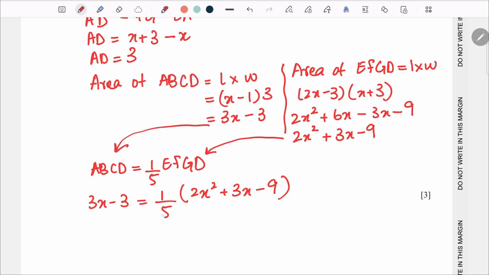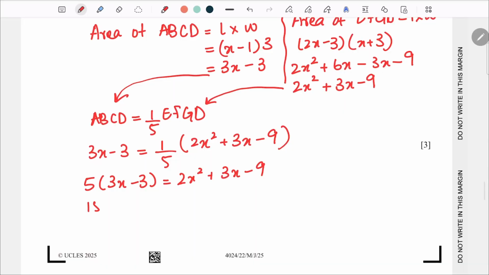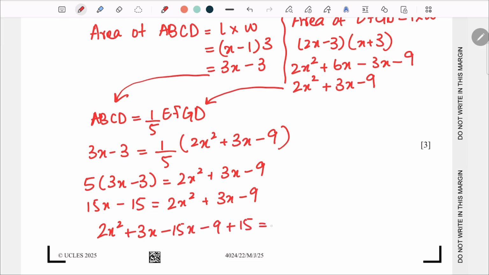Now we'll be shifting this 5 to the other side. 5 multiplied by 3x minus 3 is equal to 2x squared plus 3x minus 9. When we simplify it, we'll be getting 15x minus 15 is equal to 2x squared plus 3x minus 9. So 2x squared plus 3x minus 15x minus 9 plus 15 is equal to 0.